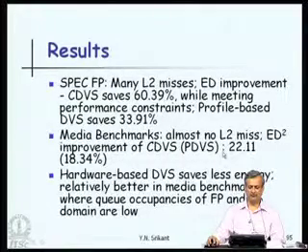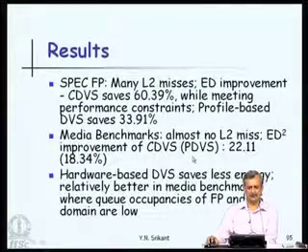Media benchmarks have almost no L2 misses, so here using ED as a metric does not help much. So, we use the ED square metric, and the improvement in our case is 22%, whereas in the case of the profile based hardware technique it is about 18%.